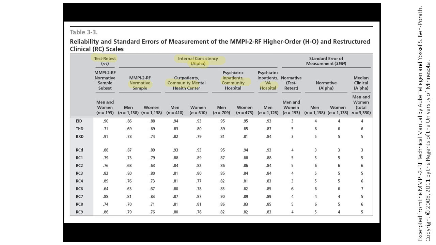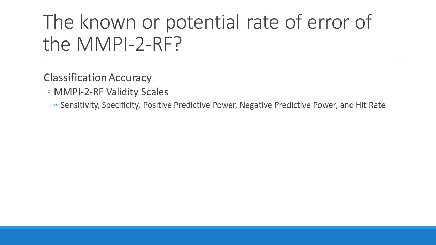And this allows us to calculate standard error of measurement, which is the average expected rate of error associated with an MMPI-2-RF scale score, and they're expressed in T-score units. And as you can see in this table, these tend to be fairly small and pretty consistent with what you see for other good personality inventories.